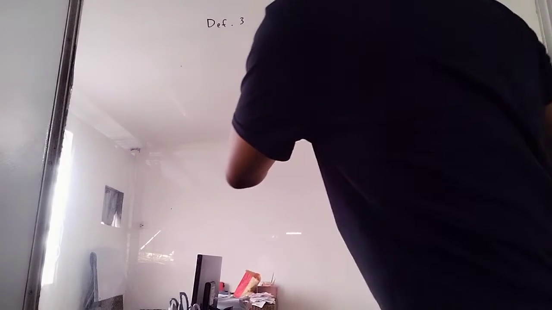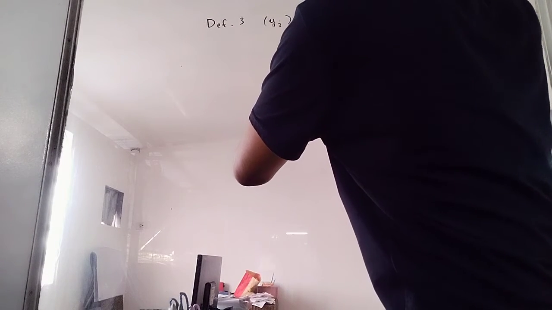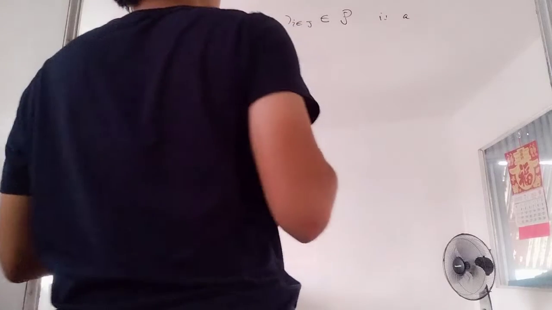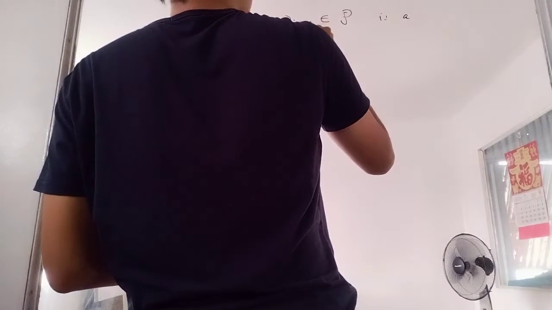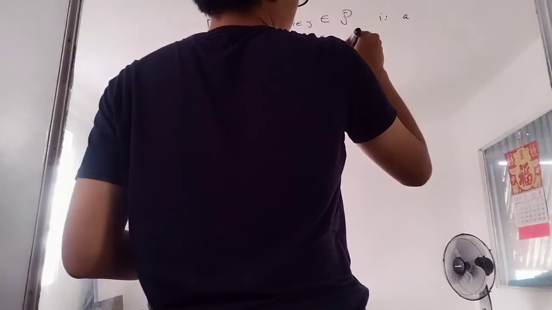Y_i is an element of mathcal P, which is a dynamic. Y_i is an element of, of course, our language, which is the Twin Star operation.